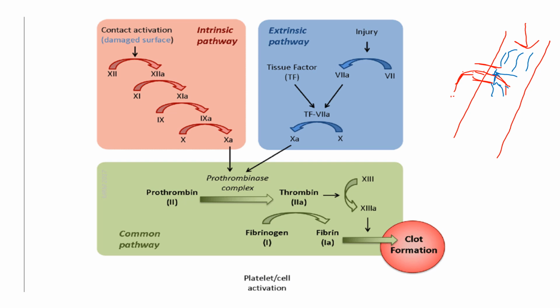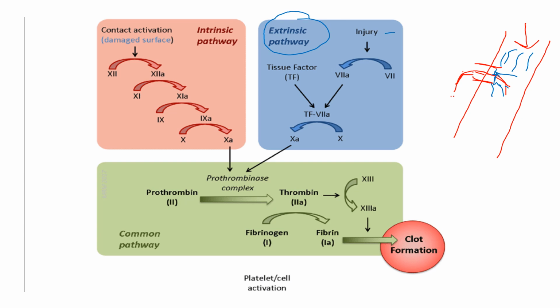Now, in order to make a very good clot so that we do not keep bleeding, both the intrinsic and extrinsic pathways will be activated at the same time. So we'll start with the extrinsic first.